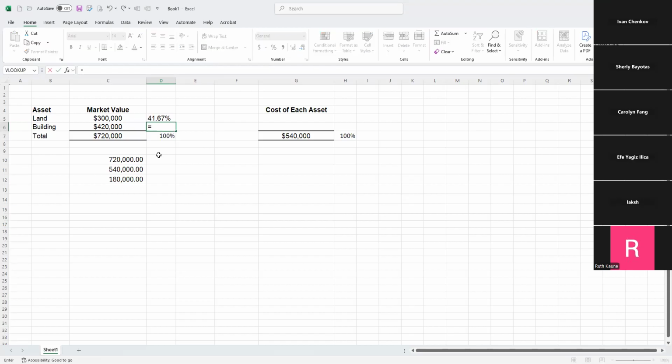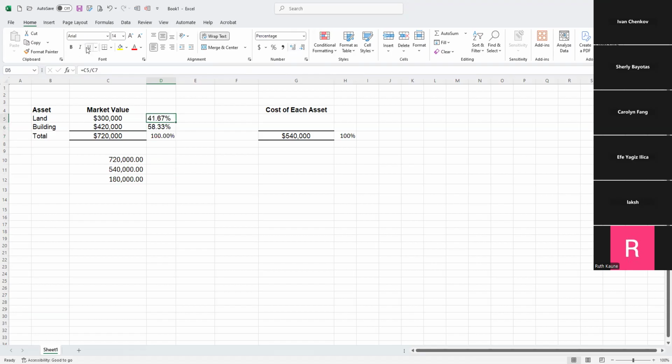Then I have to get the value of the building out of the total value of the assets that I get. Obviously, that will be the difference between 100 and the value of the land. So those two together have to give me 100%, which they give me 100%.